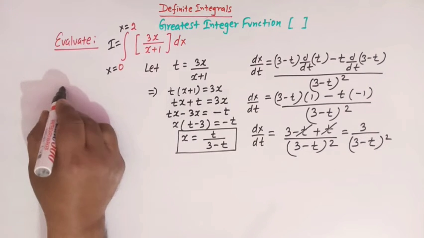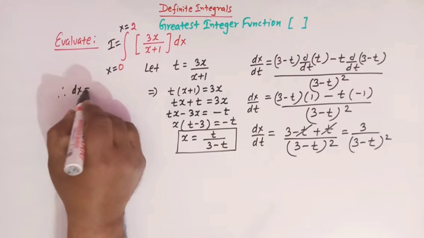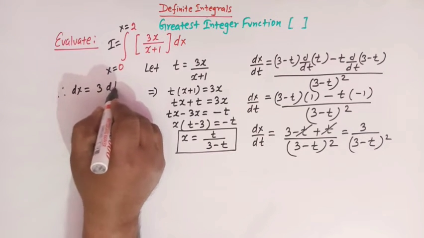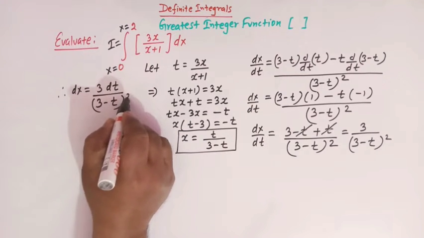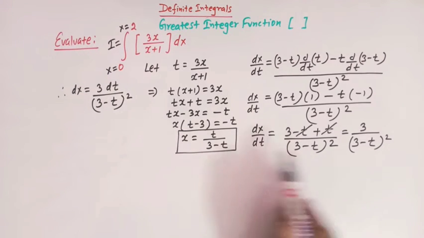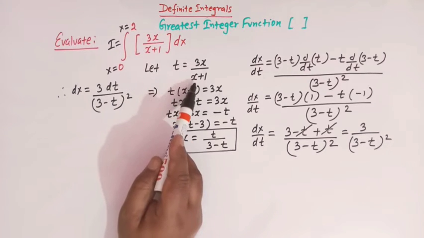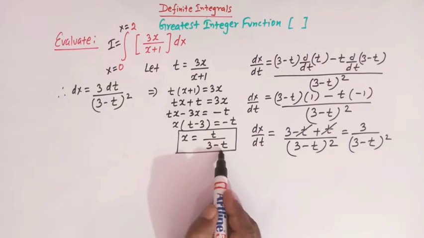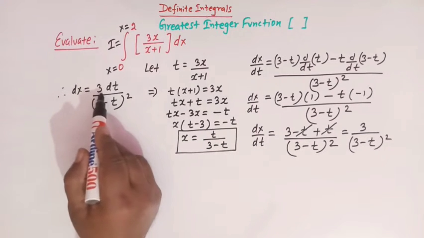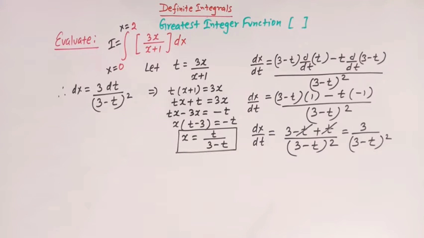So now dx can be written as 3 dt over 3 minus t square. So now we have this relation: t is equal to 3x over x plus 1, x is equal to t over 3 minus t, and dx is equal to 3 dt over 3 minus t square.